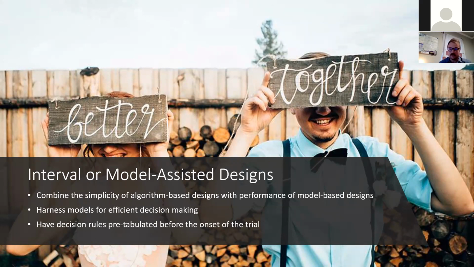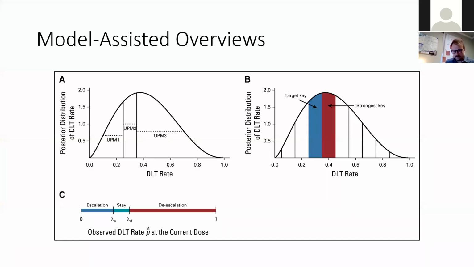There have been a lot of papers written about their superior performance over 3+3 designs, specifically in their accuracy of identification of the MTD, the allocation of patients to the MTD, and the risk of overdosing patients. And like before, I'm just going to very briefly talk about 3 of these designs. Subsequent lectures in this series are going to go into a lot more detail than what I'm covering here.